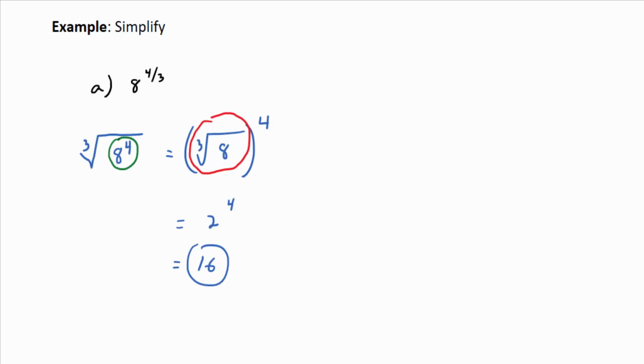You work from the inside out with this notation. I don't know what 8 to the 4th is off the top of my head, do you? If you do, more power to you. But then that's a big number, and I don't know what the cube root of that number is going to be. So it is going to be 16 overall, but getting there would be harder. It'd be a harder road to travel. So I wouldn't do it.